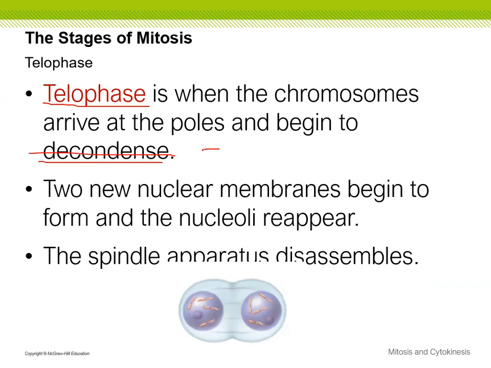You don't need to know that. The cell starts to split. We get two new nuclear membranes, and the nucleus starts to reappear. That spindle apparatus, that combination of all those things, starts to disappear. It's done its job. It's moved the DNA over. It doesn't need to exist anymore.